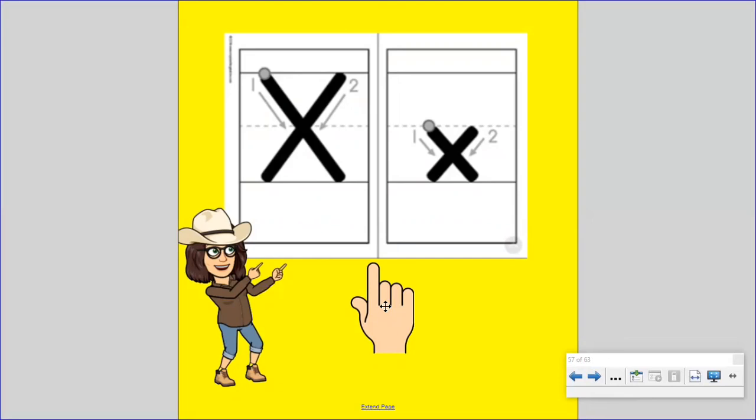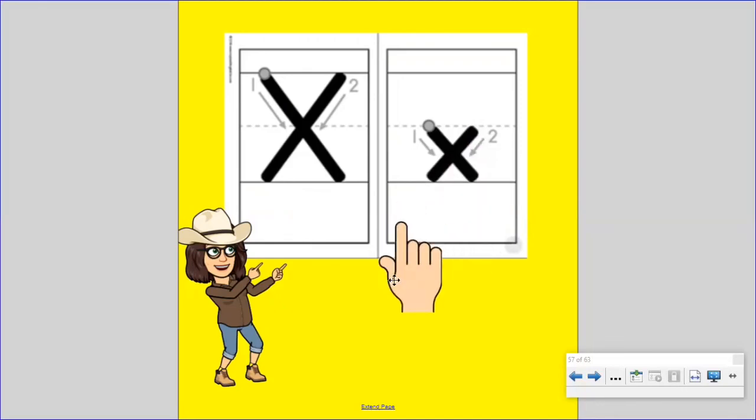Now let's trace the letter X in the air with our magic finger. We'll start with the capital X. Starting at the top line, down, cross. That's the capital X. Now the lowercase x starts at the middle line, down, cross.